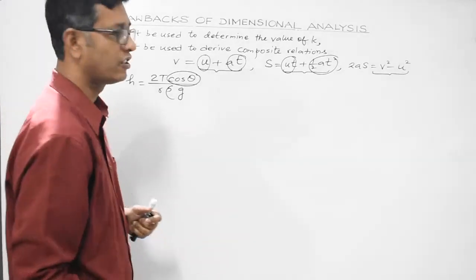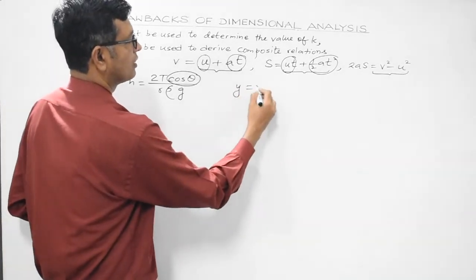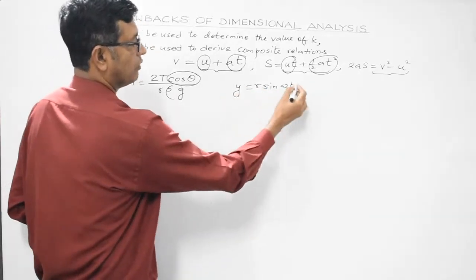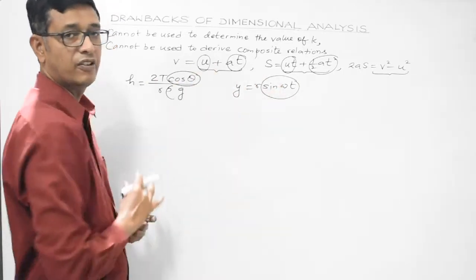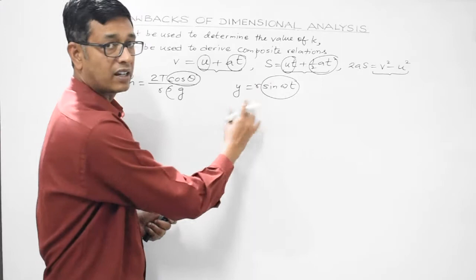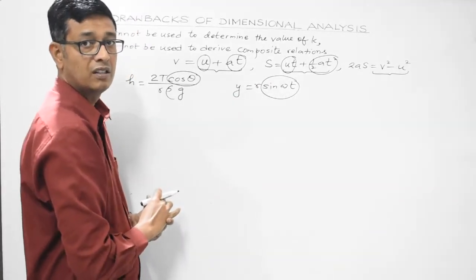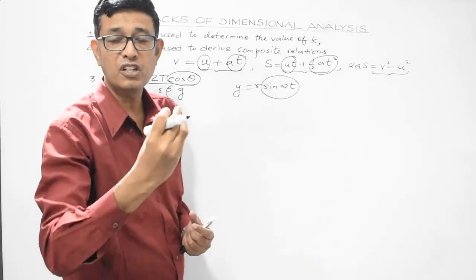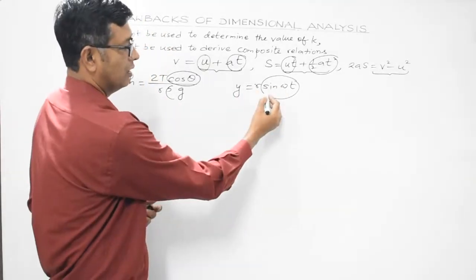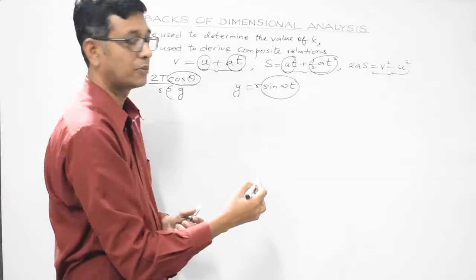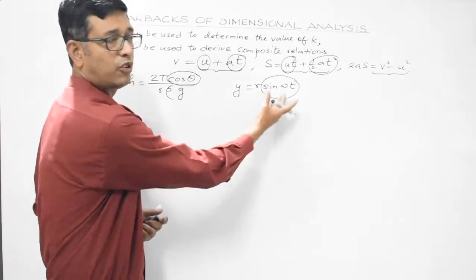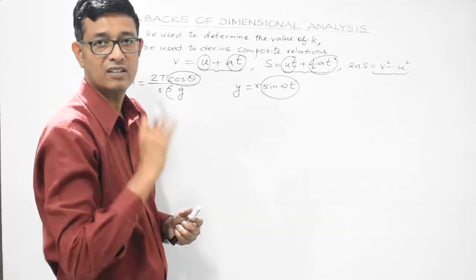Or there are some other relations as well, like y is equal to r sine omega t. This equation involves a trigonometric function. Dimensional analysis can be used to verify whether it is dimensionally correct or not. But that is not a sufficient condition to prove that this formula is valid. Because in place of sine omega t, if I substitute sine by a cosine, tangent or cotangent function, then also the formula will remain dimensionally correct.